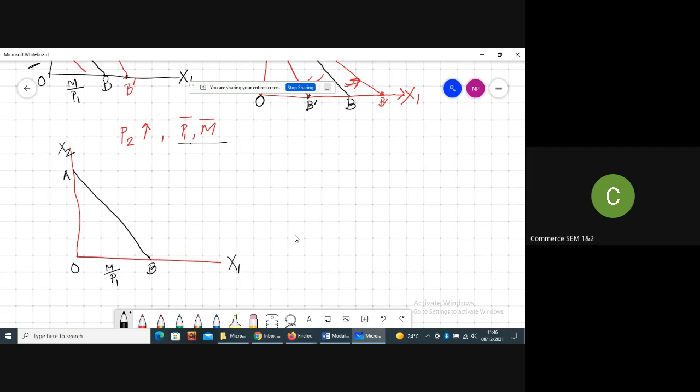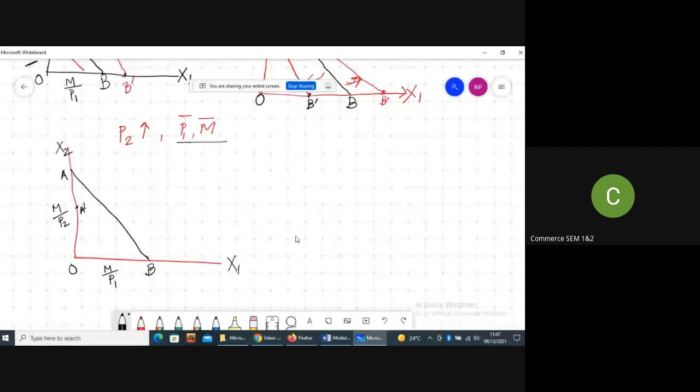What will change is this distance OA. So when P2 increases, M by P2 will fall. So the new A prime will be somewhere here. So your new budget line will be something like this.